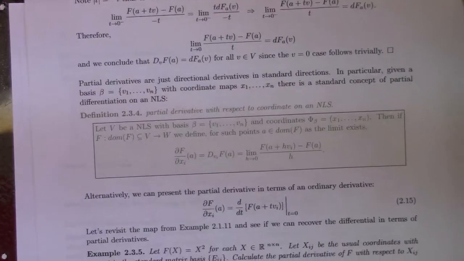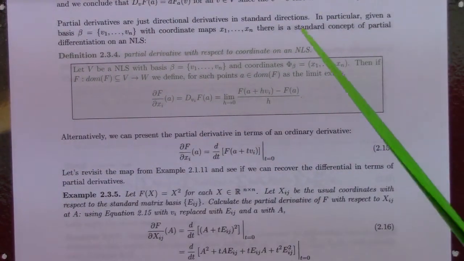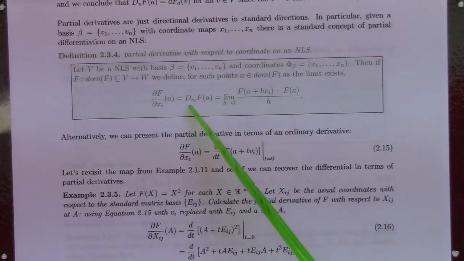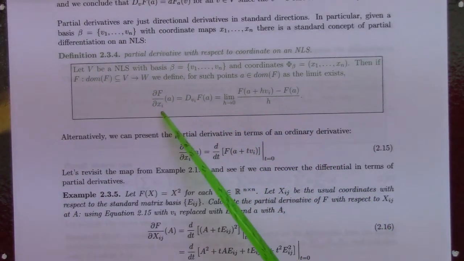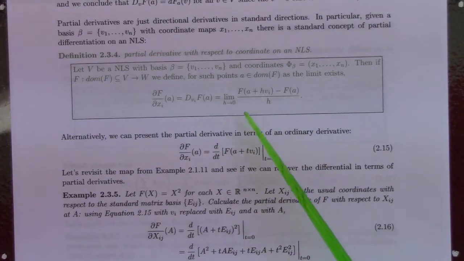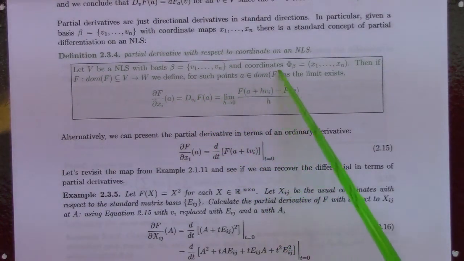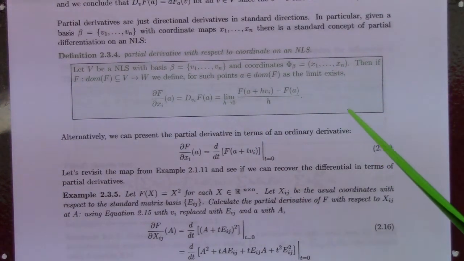That brings us to define very particular directional derivatives, so-called partial derivatives. With respect to a basis, beta, in a normed linear space, we define the directional derivatives in the direction of the basis to be partial derivatives with respect to the coordinate functions. This same definition is given in Calculus 3 in the context of functions from Rn to R, or if your instructor was adventurous, maybe Rn to Rm.